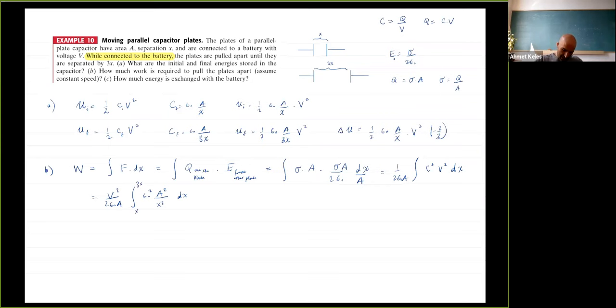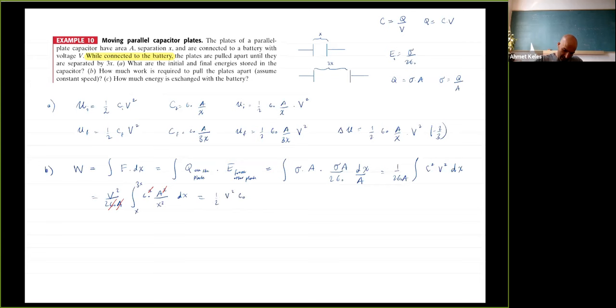All right, now I can do some cancellations. This area cancels with this, epsilon cancels with this. So this is going to be equal to 1/2 V squared epsilon naught area times the integral of 1 over x squared.